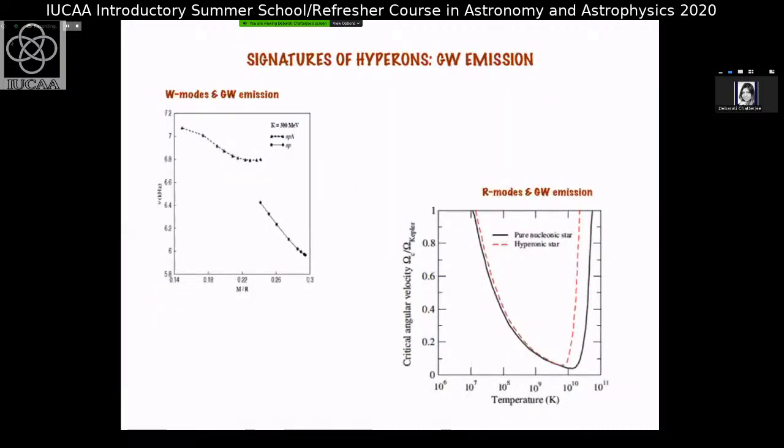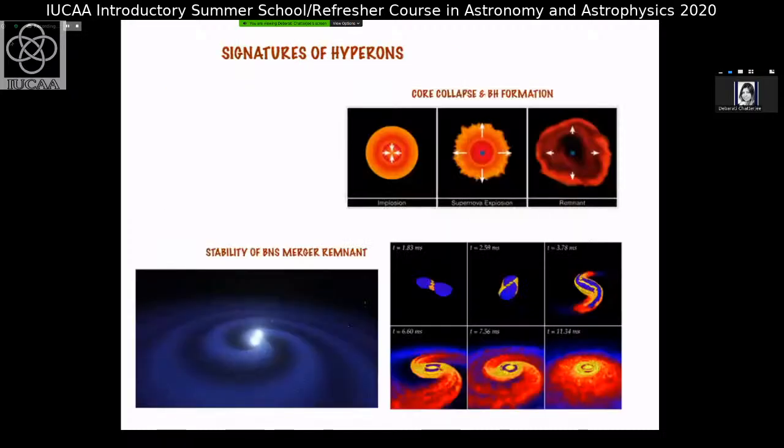There can also be signatures of hyperons in gravitational wave emission. I talked briefly about r-modes yesterday. The instability window of r-modes would be affected if hyperons are present. There are also the spacetime axial w-modes, and these would also be affected by the presence of hyperons.